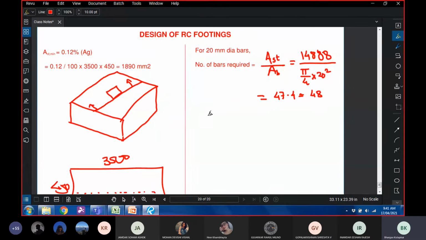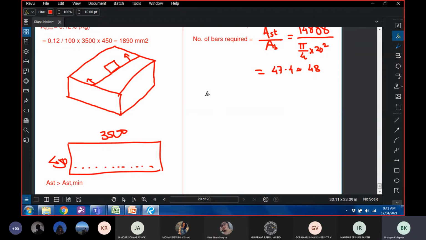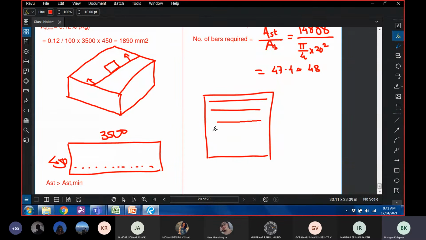Now, naturally, we should find out how much is the center to center spacing. So if this is my footing, I'm going to be placing the bars in both the directions, 48 bars in each direction. I just have to compute the spacing of this.